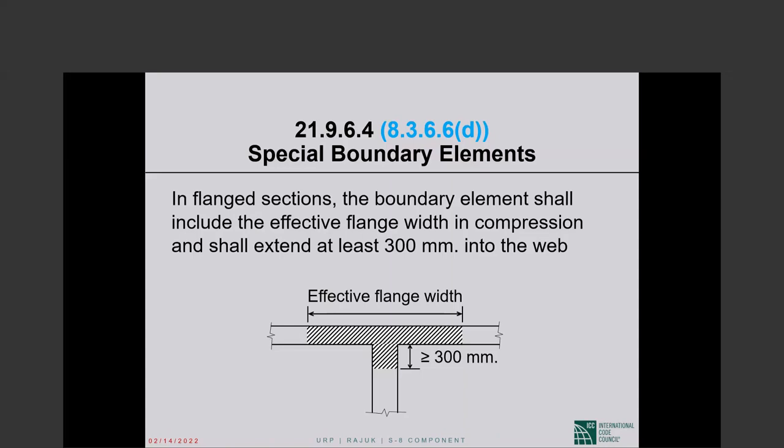If the boundary elements overlap, then you will have to confine the entire length of the wall. That's what it means. If you can live with that, fine. If you cannot, then you probably need more shear walls in your building. I don't know that it is a disaster. It's very uncommon.